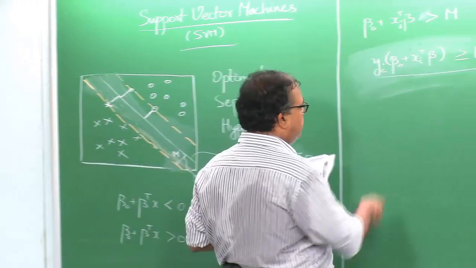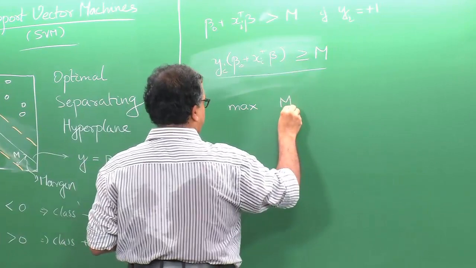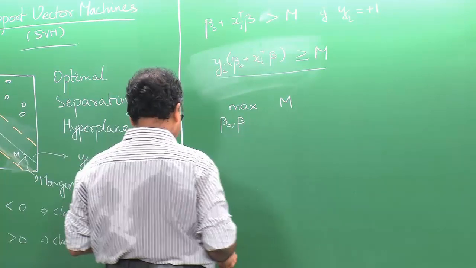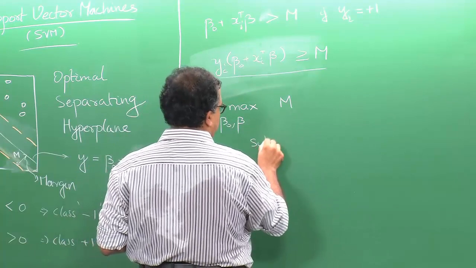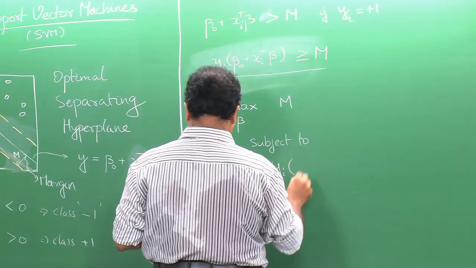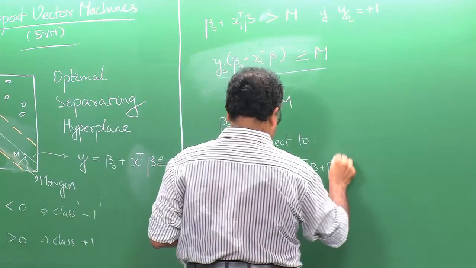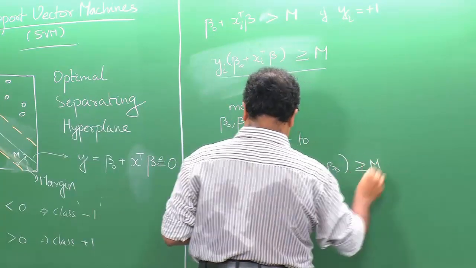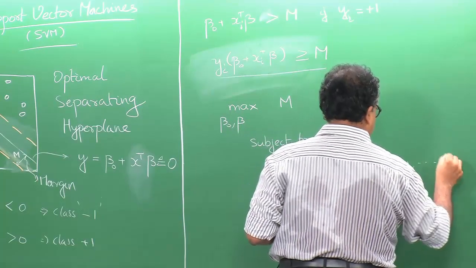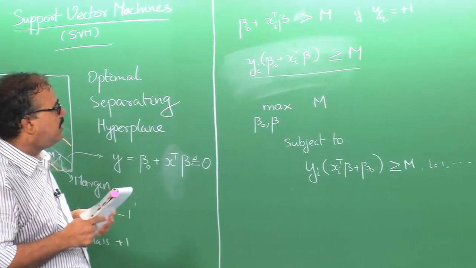So, what we will do is we will say, maximize m over beta naught and beta subject to the constraints.